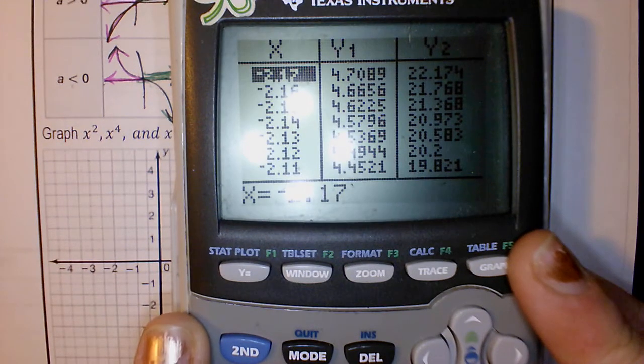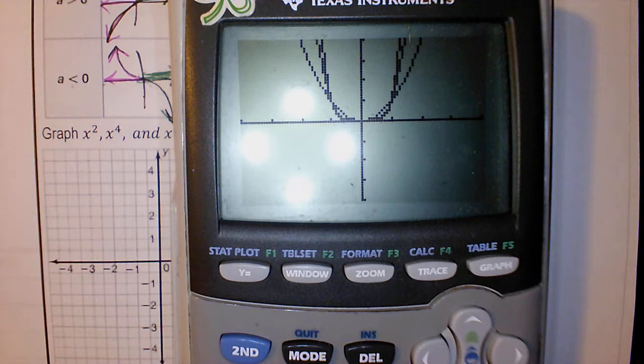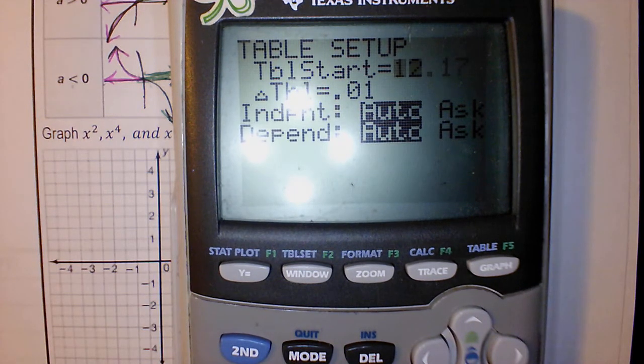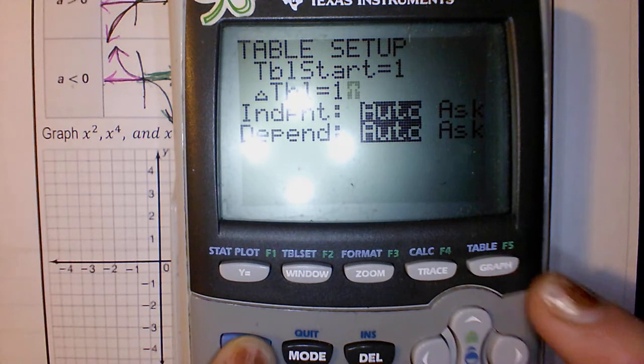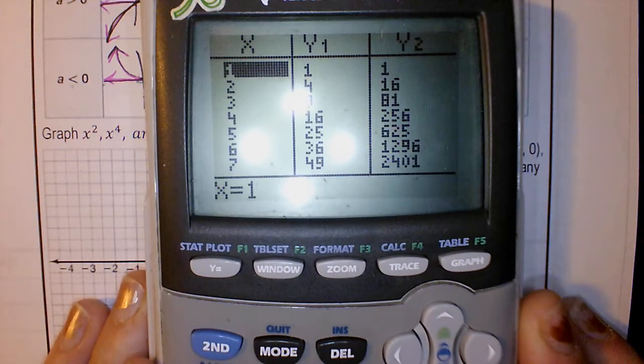I'm not so much concerned that your graphs are super perfect, so that's not a big deal. Let me pull up that table just so we can see what's going on.